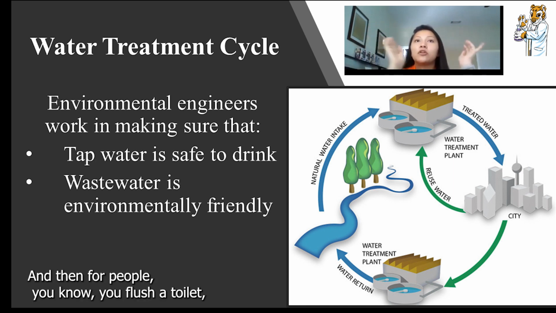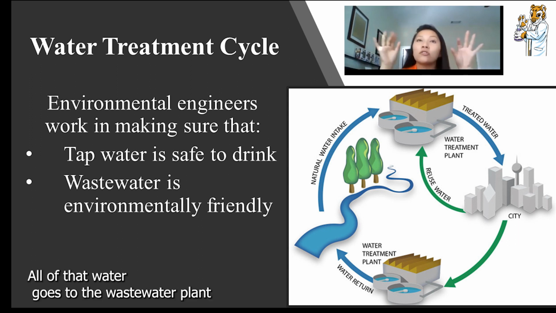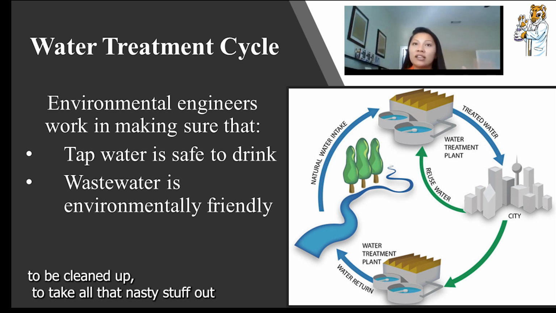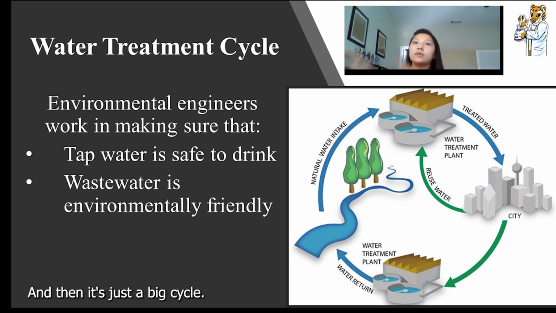Then, when you flush a toilet, wash your hands, or take a shower, all of that water goes to the wastewater plant to be cleaned up, to take all that nasty stuff out before we release it back into a lake or a stream. And then again, it's just a big cycle.